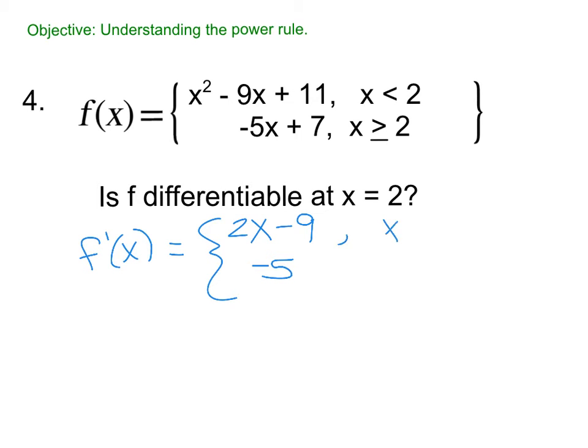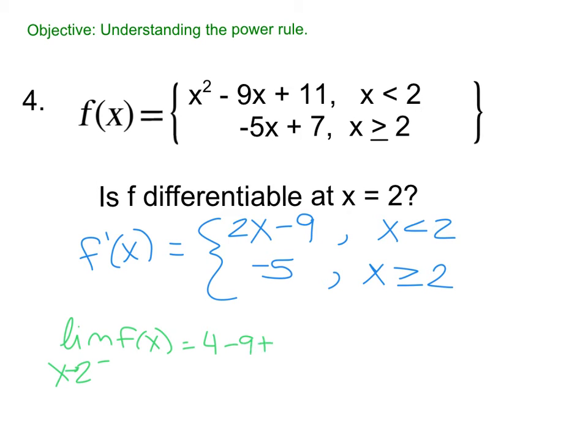So now that I took the derivative, we have to check, is it continuous and is it differentiable? I probably should have checked continuous first. So for the limit as x approaches 2 from the left of f of x, 2 from the left would be 4 minus 9 plus 11, which is 6.